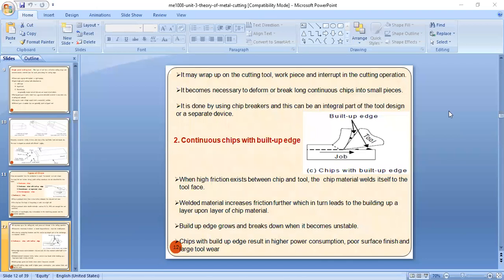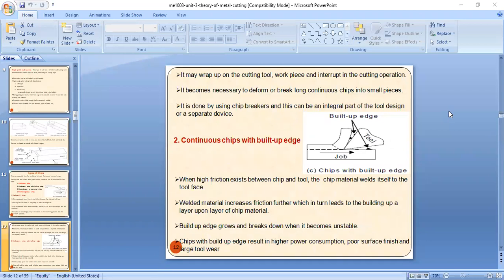It decreases the efficiency of the tool because high friction exists between the chip and tool, and the chip material will weld itself to the tool face. So proper machining and proper metal cutting is not taking place, and we have a poor surface finish on the workpiece.